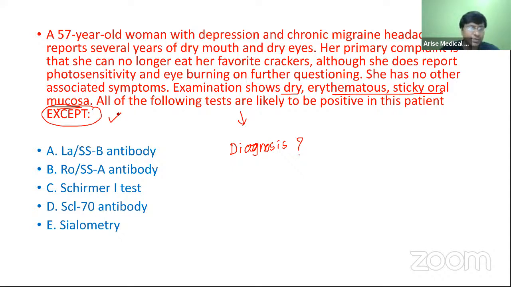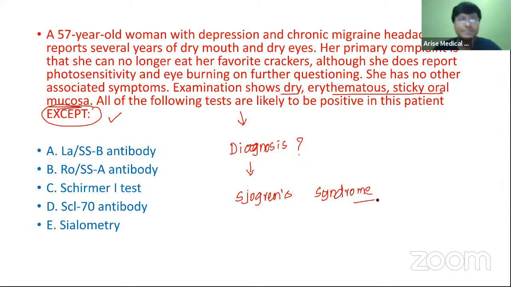Very good, Gulu Dugar. The diagnosis of this clinical scenario is Sjogren syndrome. It is not sarcoidosis, it is Sjogren syndrome.